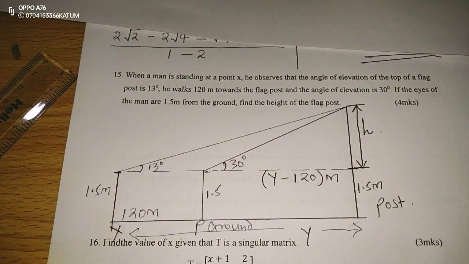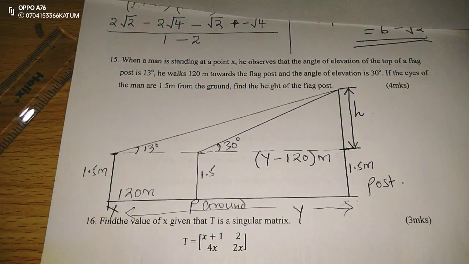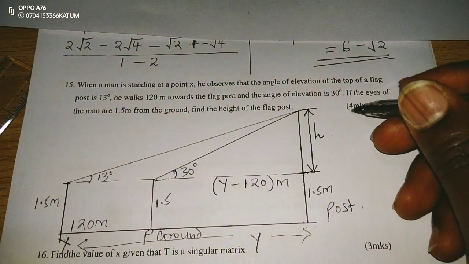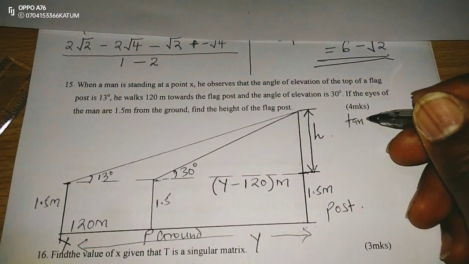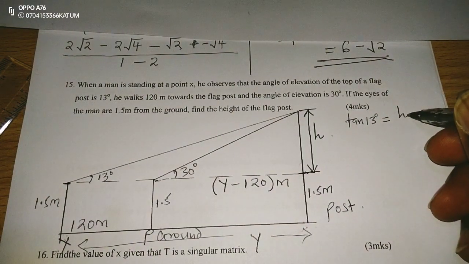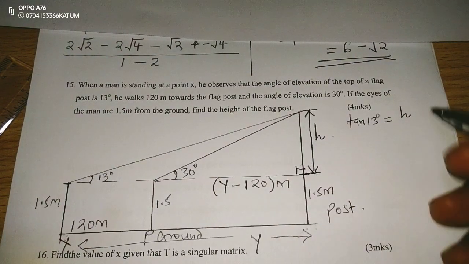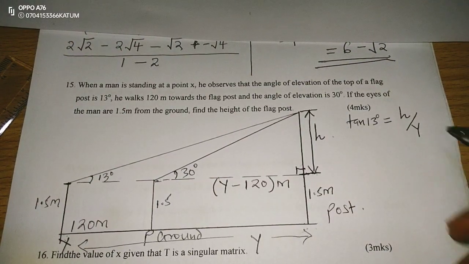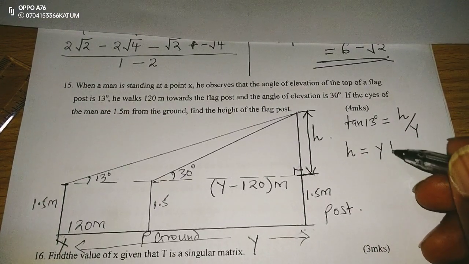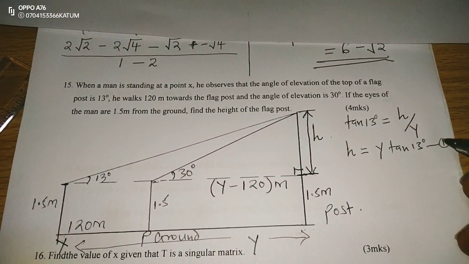So we are going to express h in two different ways, and that will help us to solve for the value of the height. We can say the tangent of 13 is equal to opposite, because the right angle is at this point, over adjacent, which is y. And this means h is going to be y times the tan of 13 degrees. This is one expression.